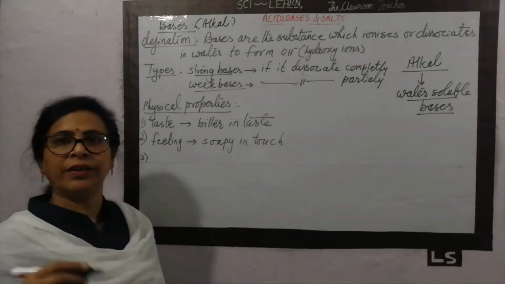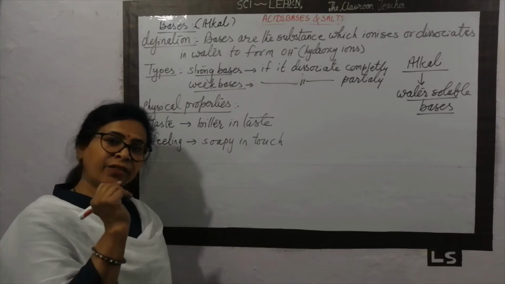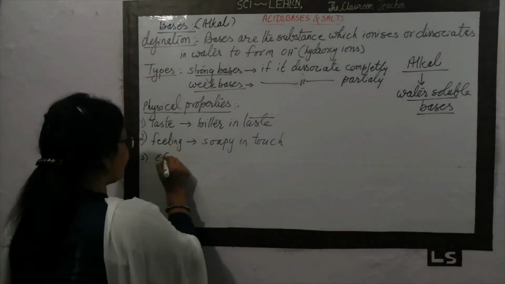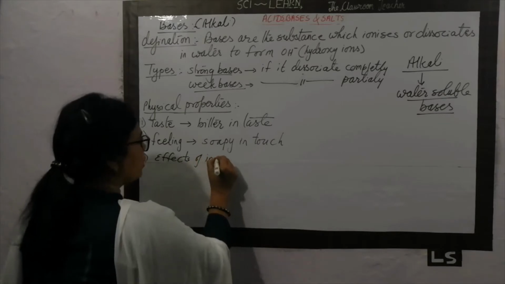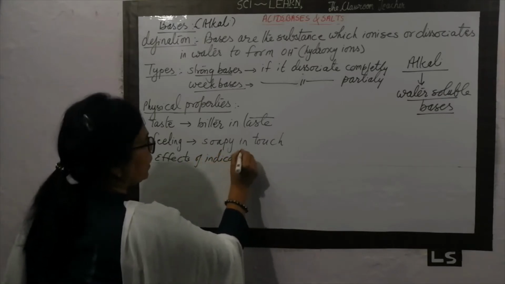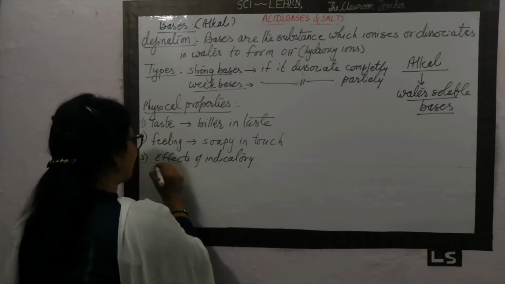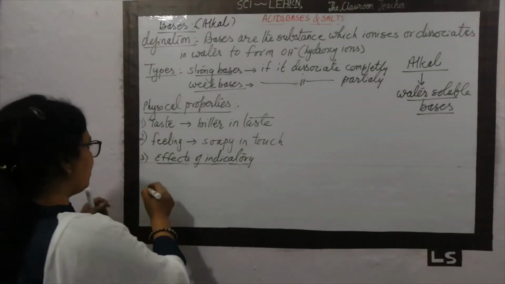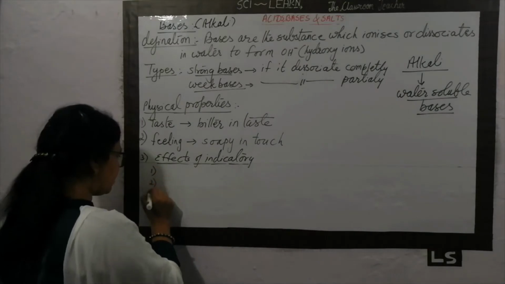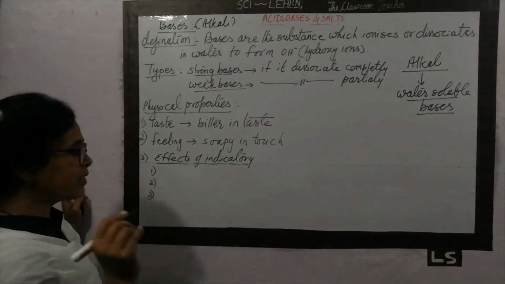Now here also the effect of indicators is there. Actually we have to compare the properties of acid and base with the help of indicators. You must remember the three indicators that we already studied in the acid section.